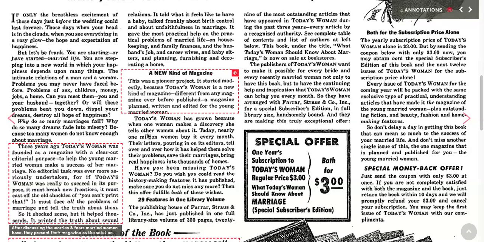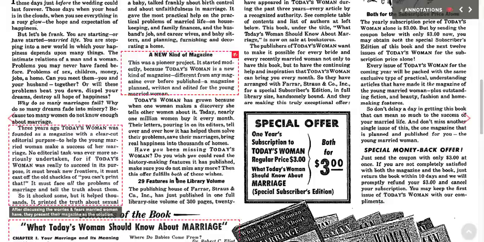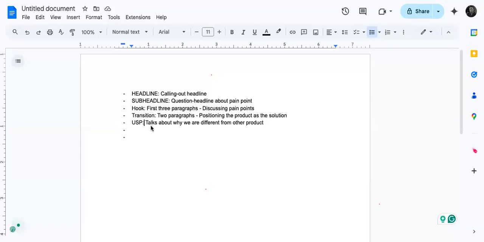And then we've talked about what is different from other products. And then now we're in 29 features in one library volume. Okay, so I think there are two paragraphs here. So now let's go.